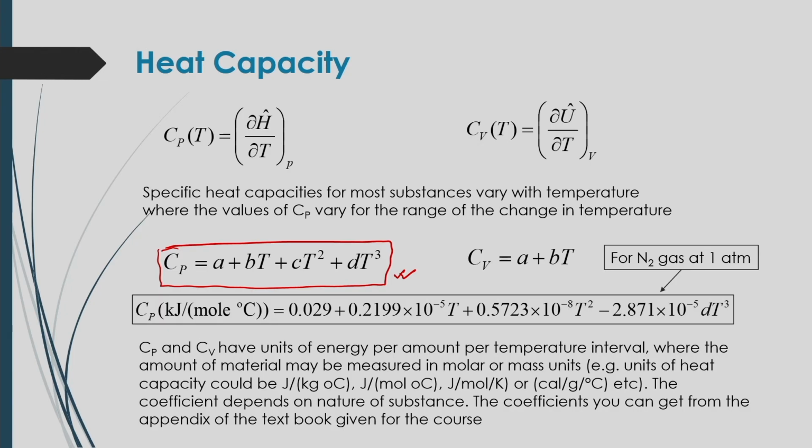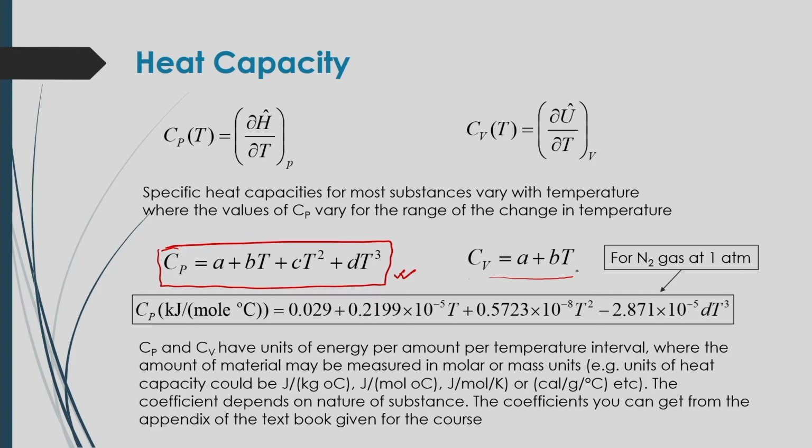constants, and these constants depend on the material, or you can say gas or liquid like that. And the specific heat capacity for a material at constant volume will be a linear function of temperature, and it will be Cv is equal to A plus BT.